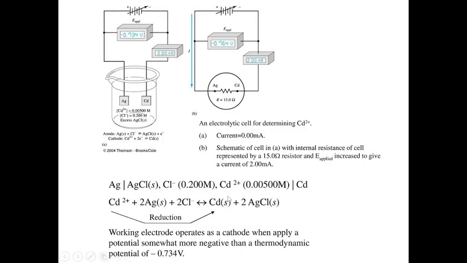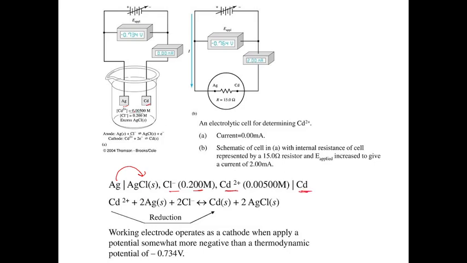Similarly, in this cell, first of all we will discuss a little bit about this cell. How much time do we have? Okay, we have 20 minutes more. This is the Ag electrode, this is the cadmium electrode. What reaction is going on? Ag is converting to AgCl in Cl- solution with a molarity of 0.2, and the other electrode is cadmium, with the other solution being Cd2+, connected to the cadmium electrode.